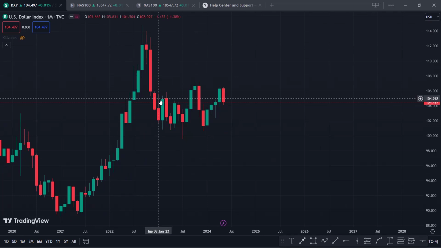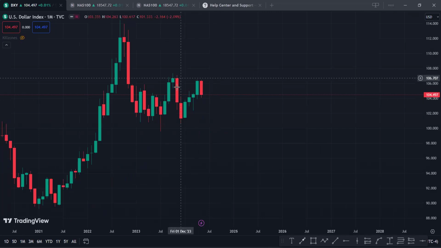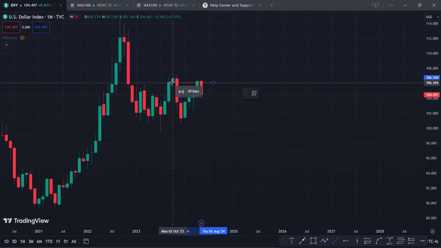Since December, we have seen a kind of consolidation from the monthly time frame, right? And then we saw this reaction within this order block from the monthly. This is important at times to start looking at the market from the top time frame in order to have a clear and better view and understanding.